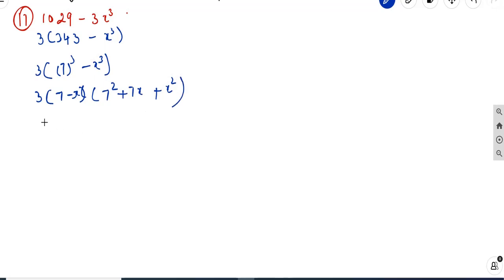Okay, this is the solution. We will write one more step: 3, 7 minus x, 7 into 7, so this becomes 49 plus 7x plus x square. So this is the solution for your problem number 17.